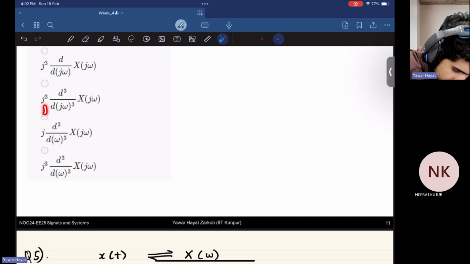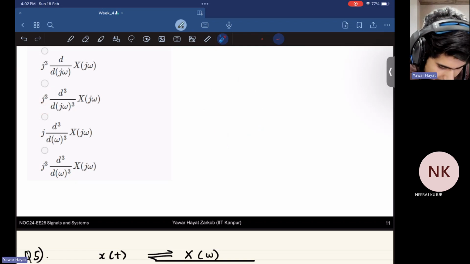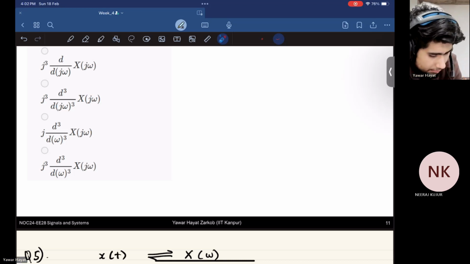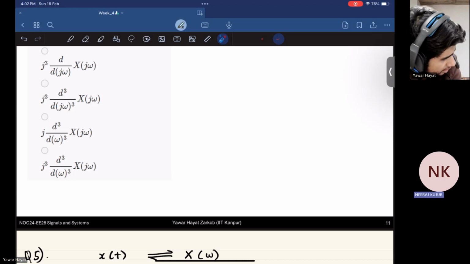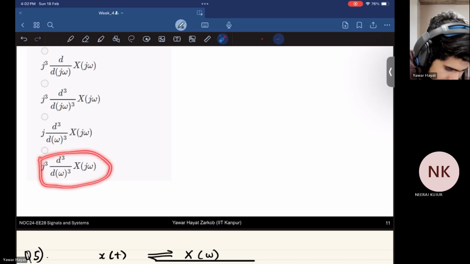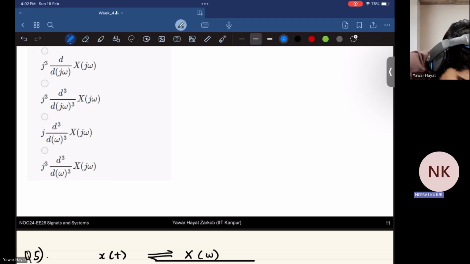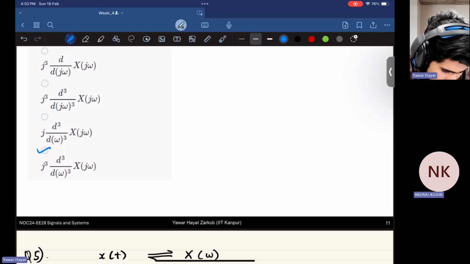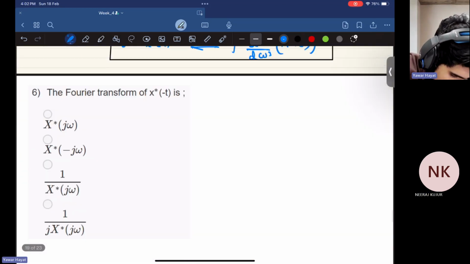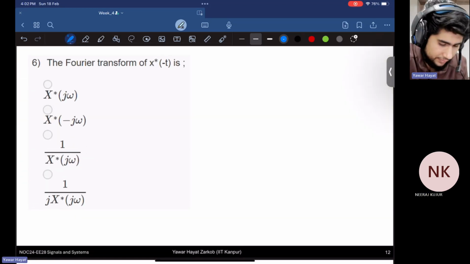And then this j would be j square, right? So the correct answer is which option? Last one, yeah. Option D was correct. Question 5 is done.